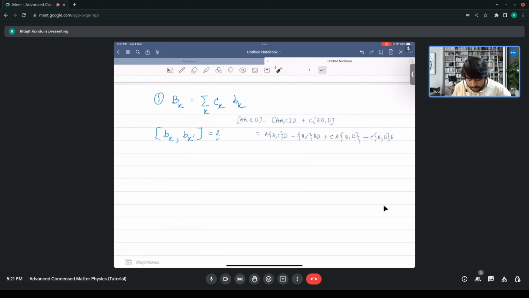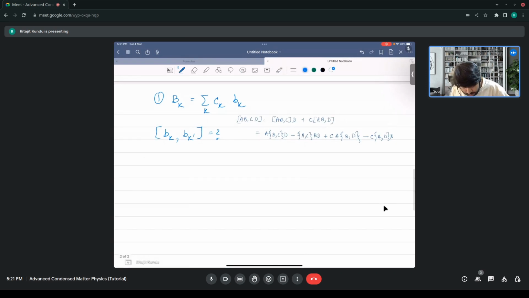And we know that these b's, which are pair creation operators, are made out of fermions, right? So we'll be using this identity. Let's try to evaluate this. Meanwhile you can also try to evaluate it.